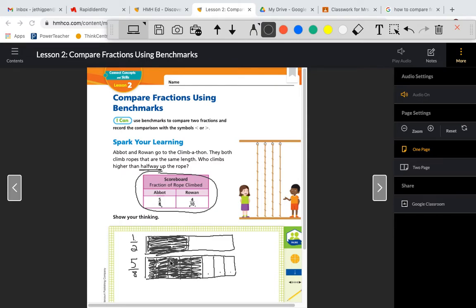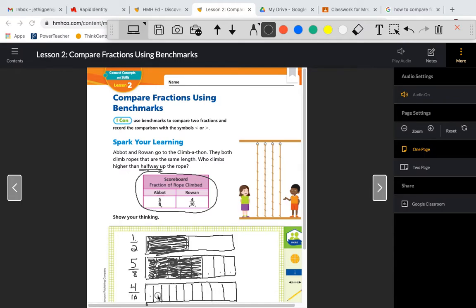Okay, now we're going to do the same thing with 4/10. Again, you want to try to draw the same size shape as the other two. Do the best that you can. We're going to break it up this time into 10 equal parts. So 1, 2, 3, 4, 5, 6, 7, 8, 9, and 10.